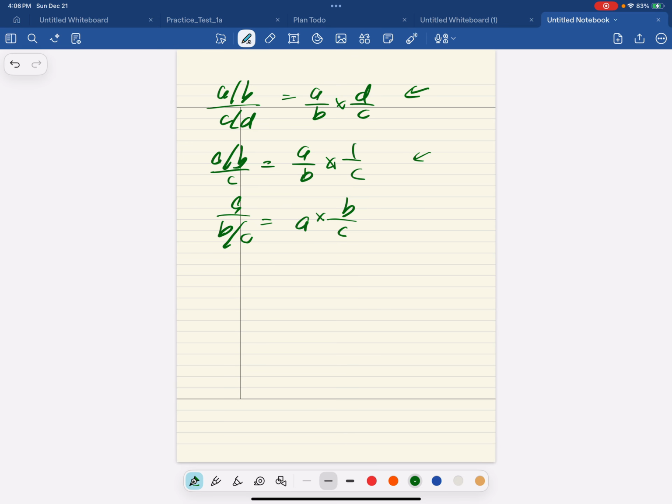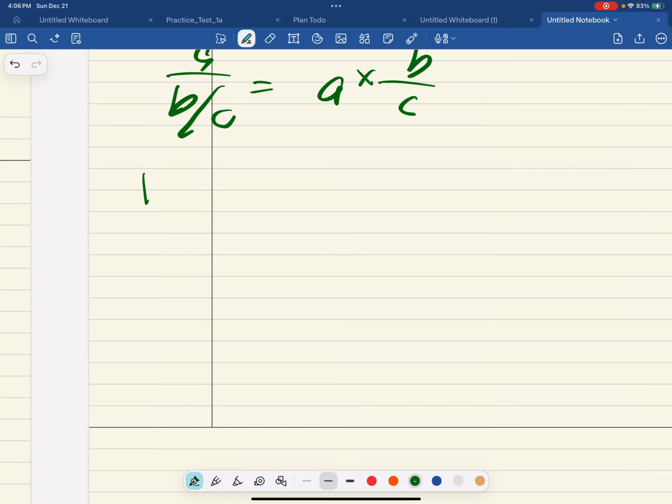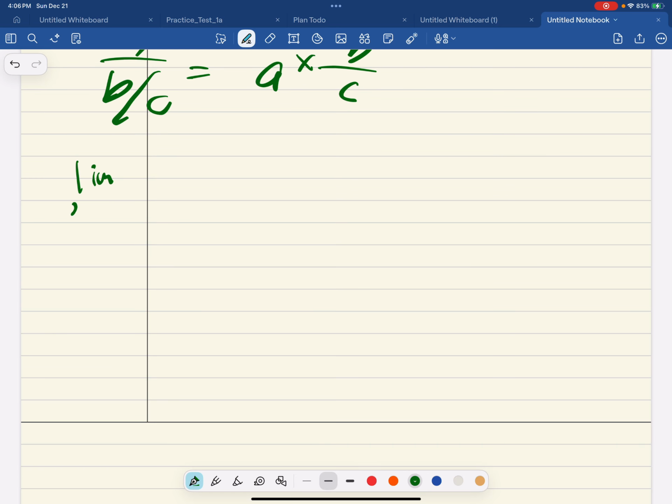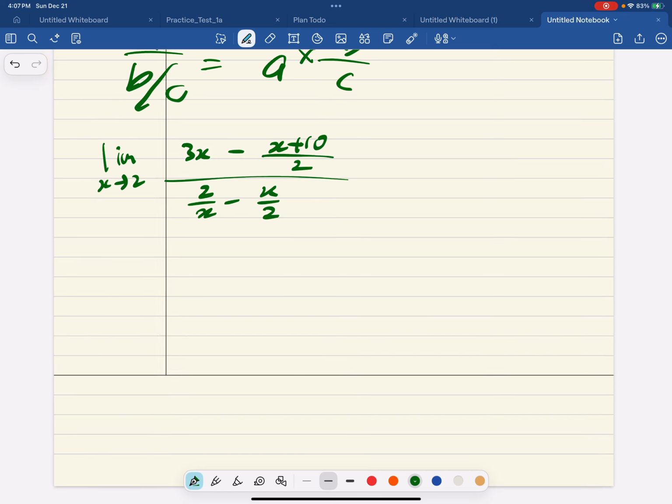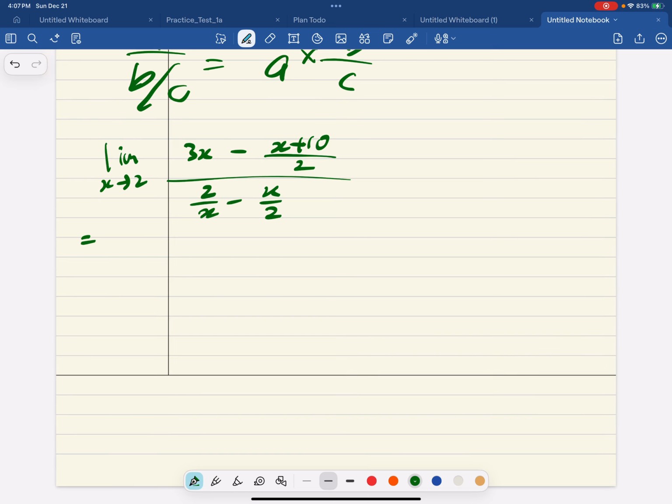So by applying that, you can do limit questions such as x approaching 2, 3x minus x plus 10 over 2 divided by 2 over x minus x over 2. And you can type this into whatever software or website that will show you the function.